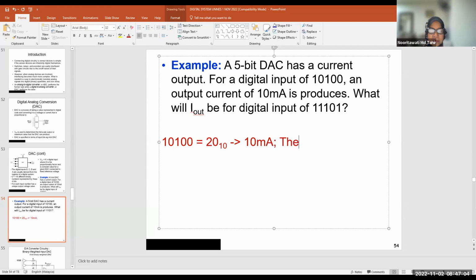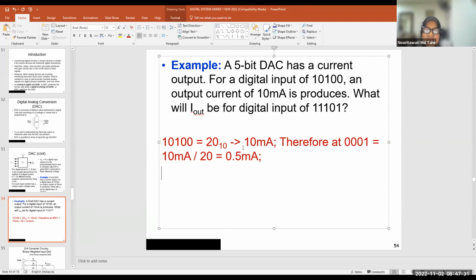Okay, therefore at 0001 berapa current kita? 10 milli divide by 20 will give us 0.5 milliamp. Okay, so that will be the step size.